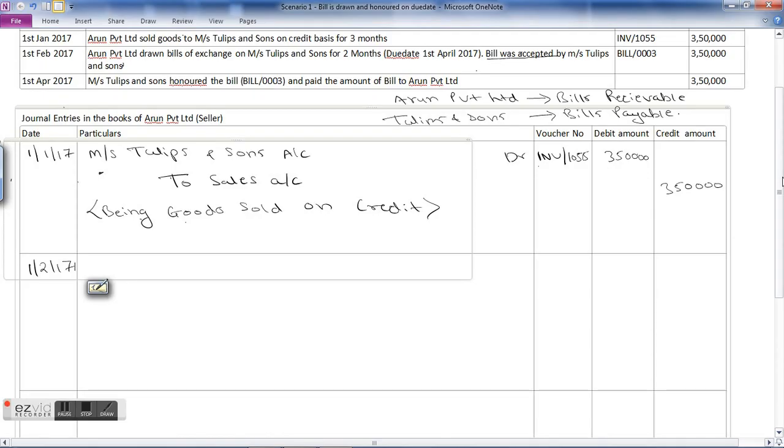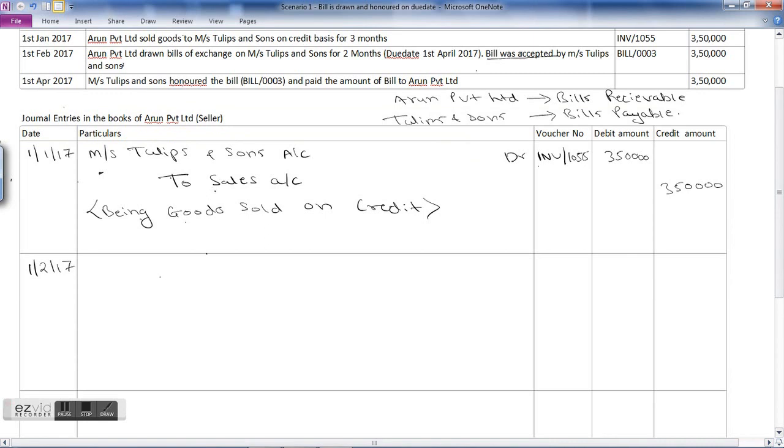So the entry will be bills receivable account debit. Now, who has signed the bill? Messrs Tulips and Sons. To that extent the amount in debtors will be reduced. There is a creation of one current asset, bills receivable, and a reduction in another current asset, debtors.